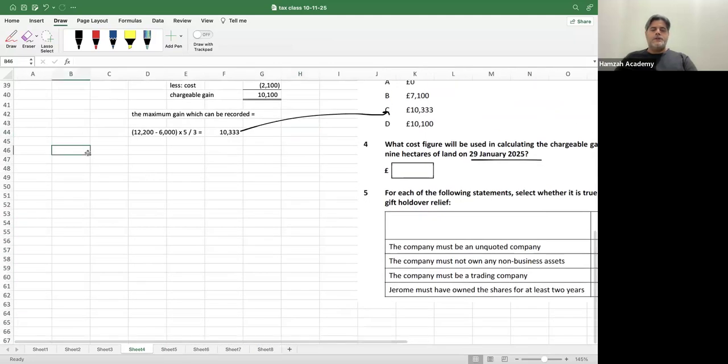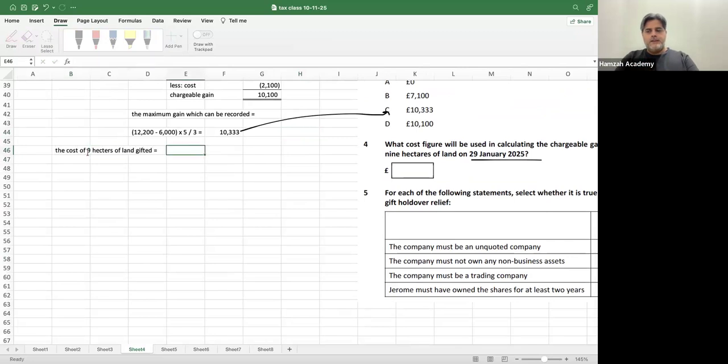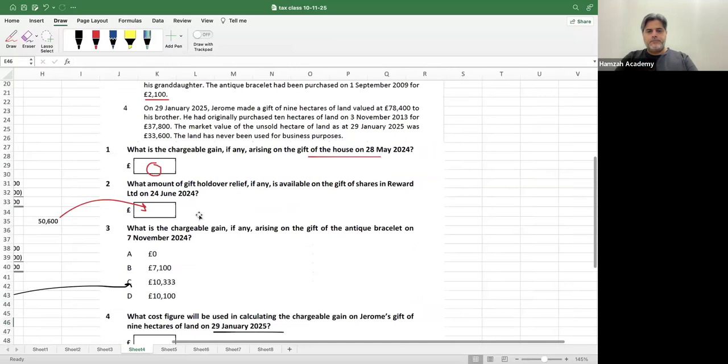So if I go over here for the calculation, the cost of the 9 hectares of land gifted: we have 10 hectares at 37,800, and we have gifted the value at 78,400.